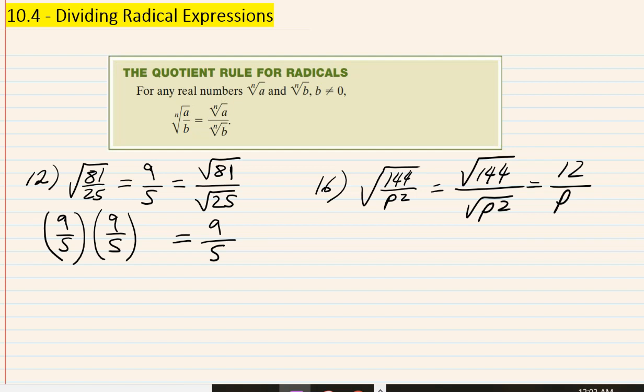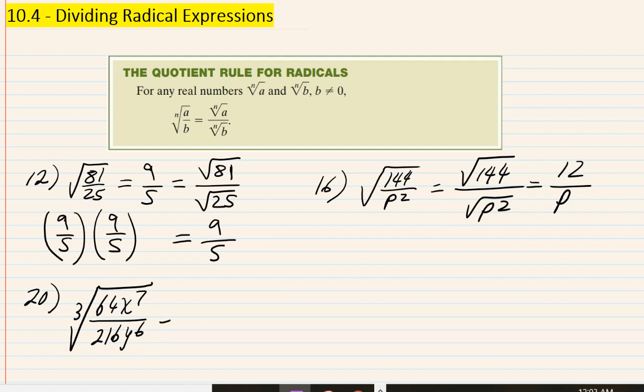Let's take a look at something like number 20, for example. In number 20, I have the cube root of 64x^7 over 216y^6, and we want the cube root of that.